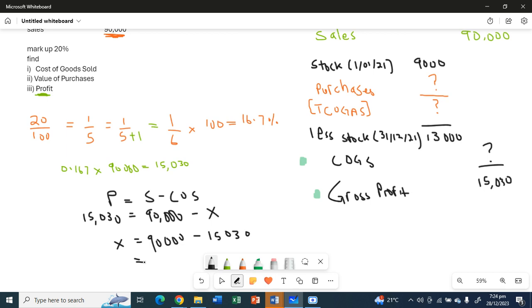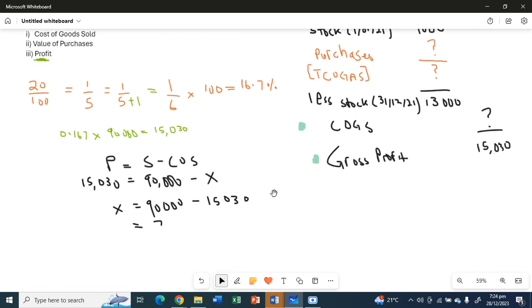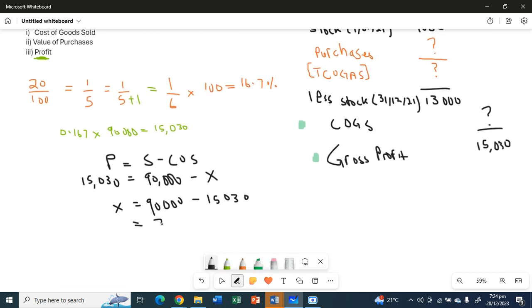That gives us 74,970 kwacha. So we have our cost of goods sold. We can replace the question mark here and put 74,970. Before I go any further, Fiona, any questions?